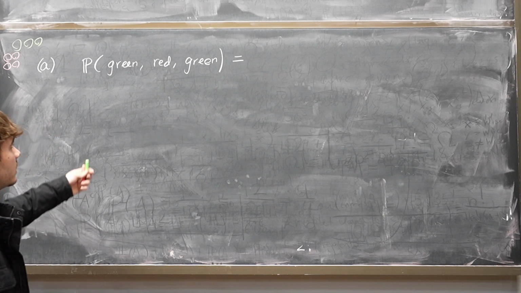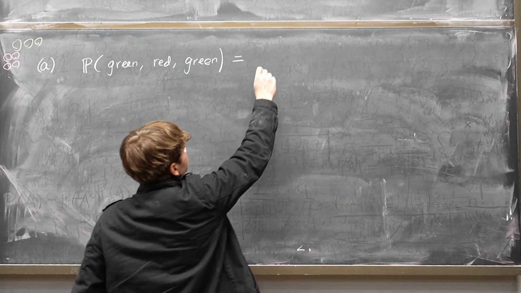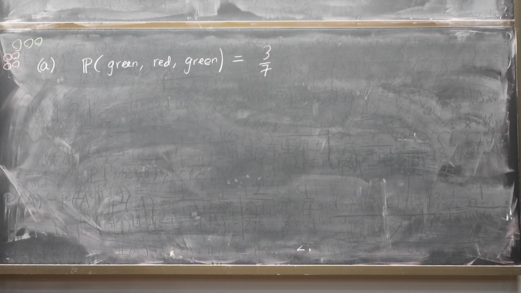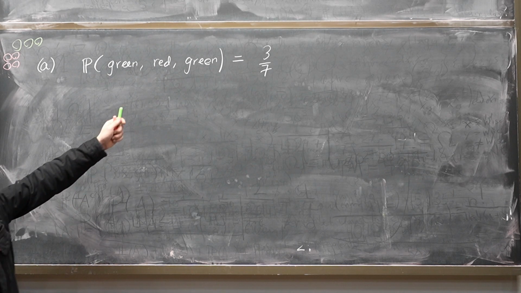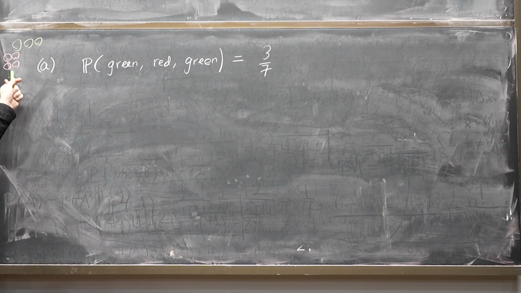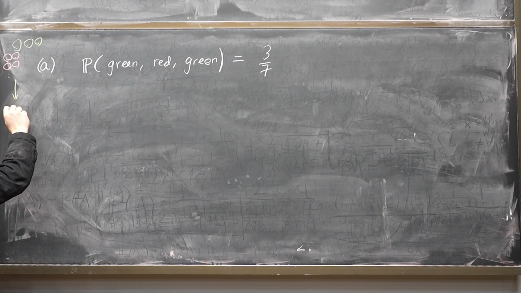Okay, so the probability that the first ball is green is 3/7. Then once the green ball is chosen, the probability that the next choice is a red ball is 4/6. Do you see that? Once the green ball is chosen, then I'm left with 2 greens and 4 reds.